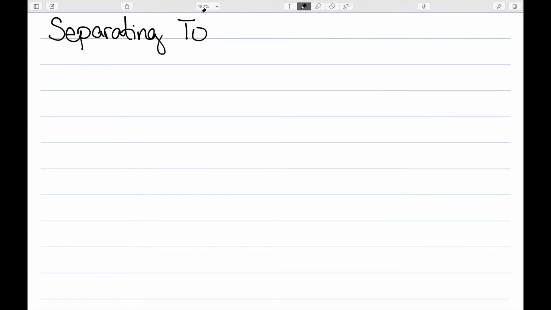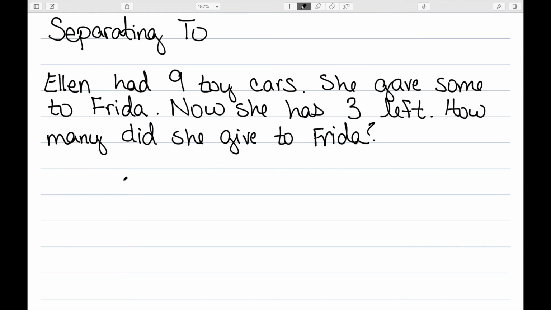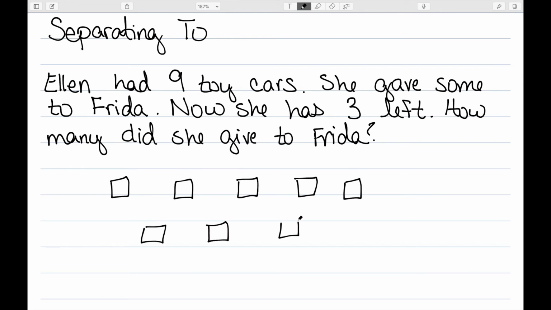The next method is called separating two. In this method, we start with the larger set and we remove until the number of objects remaining is equal to the smaller number given in the problem. So let's look at an example. Ellen had 9 toy cars. She gave some to Frida. Now she has 3 left. How many did she give to Frida? In this case, we'll start with the 9 toy cars that Ellen had originally.